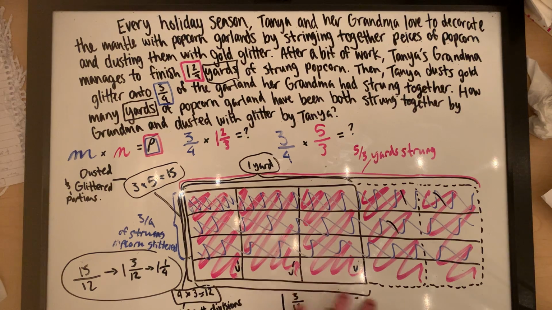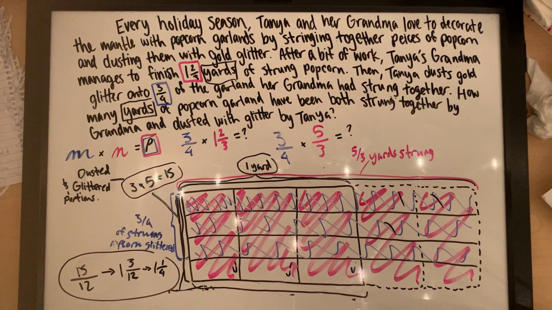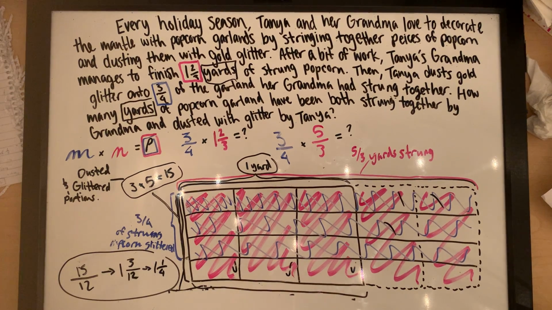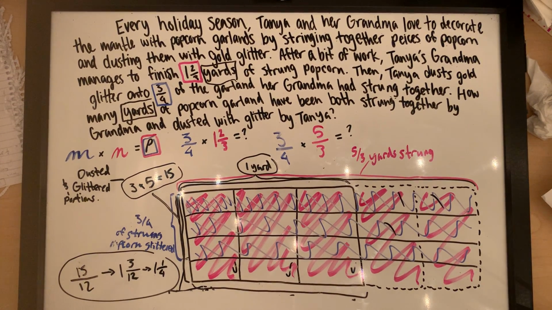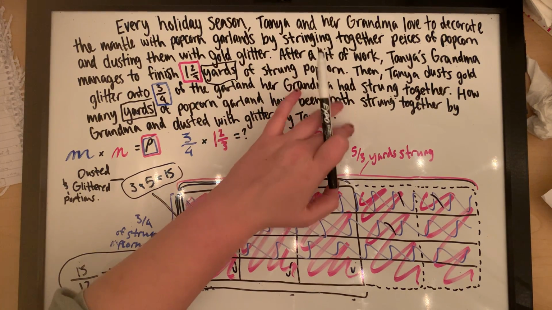So now for my explanation. Oh shoot, I wanted to keep that part. Oh well, that's okay. Explanation of why we can multiply across to solve this problem. So 3/4 times 5/3.